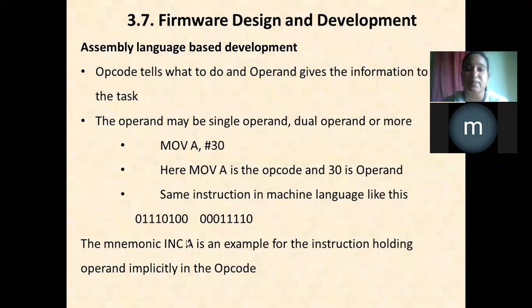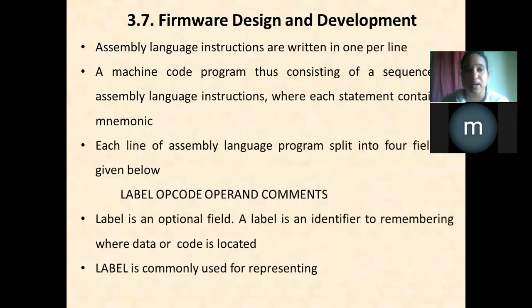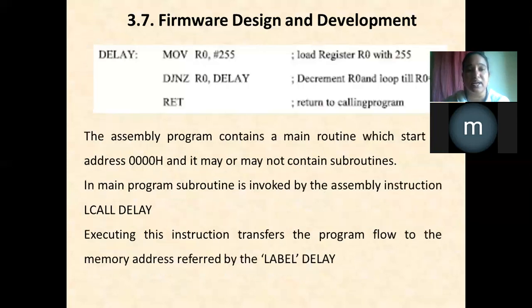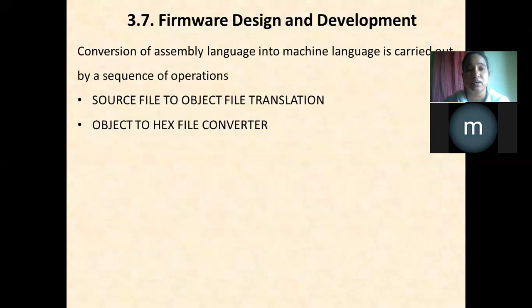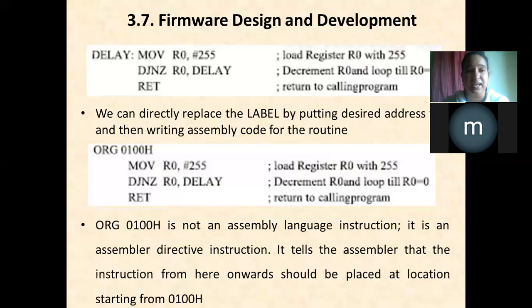These are some of the examples of assembly level language programming, and some more important instructions we can see here. Next we will move to the next level of language, that is high level language.